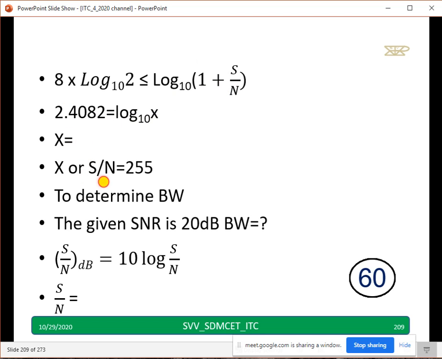So x or S by N equal to 255. I think the given SNR is 20 dB, and just to calculate S by N equal to x equal to 255.97 you will get, and to determine the bandwidth the given SNR is 20 dB.